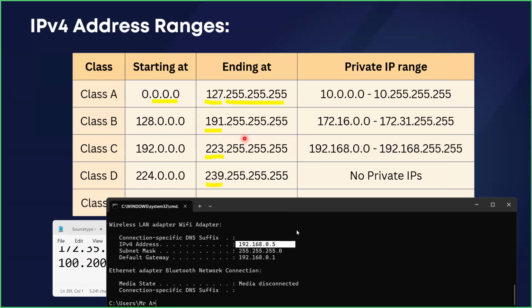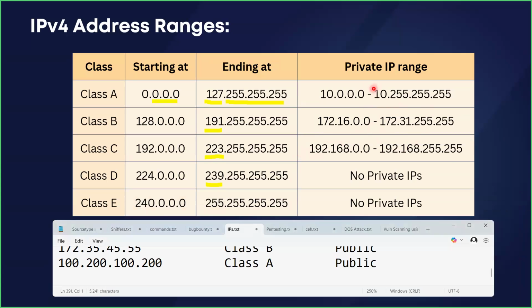Now, the very important question to answer: why do we have five separate classes? Why not just one single class with some public and private IPs? It would have made our job a lot easier. I wouldn't have had the necessity to remember these many numbers, right? So the reason is each class has its own properties, guys, and different network sizes. Let me elaborate on that.